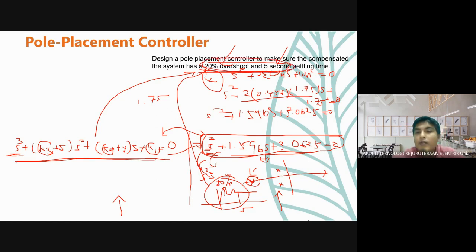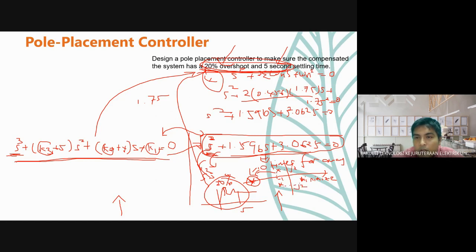Okay. However, in order to minimize the effect of the third pole, you can place the third pole 10 times far away. So let's say this is -1, this is J2, and this is -J2.